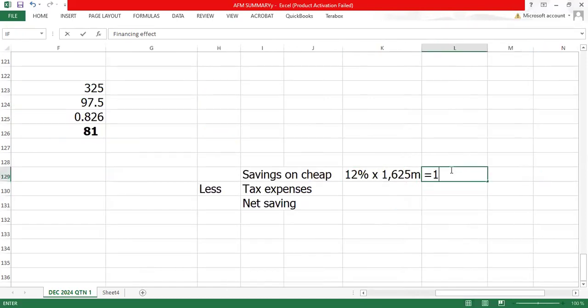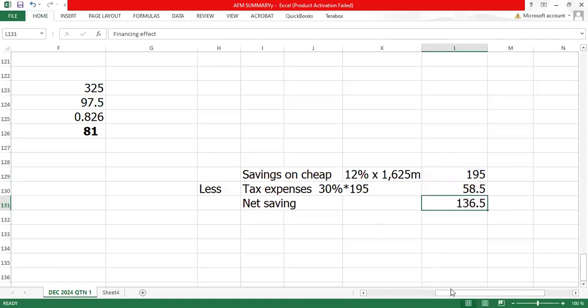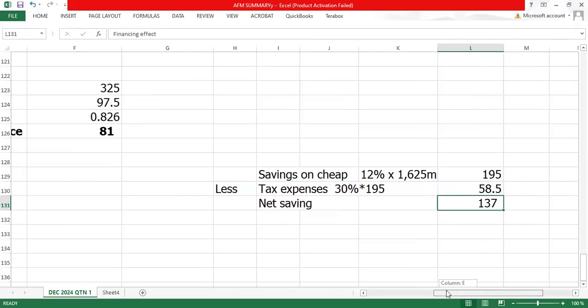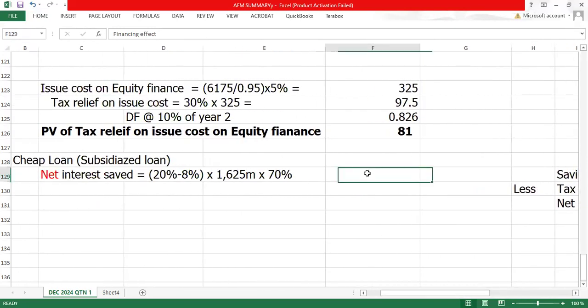You first deal with that. Then for tax expenses, you get 30% times expenses 195. Okay, that is the net saving.